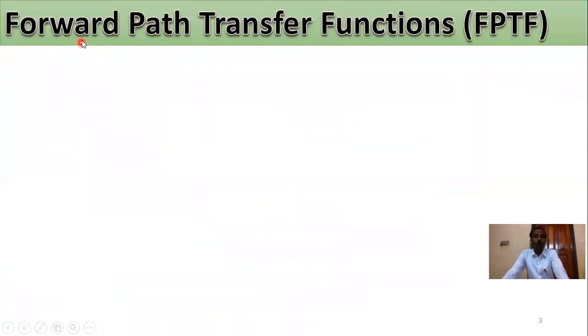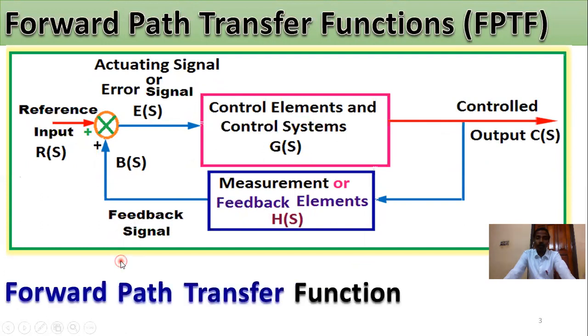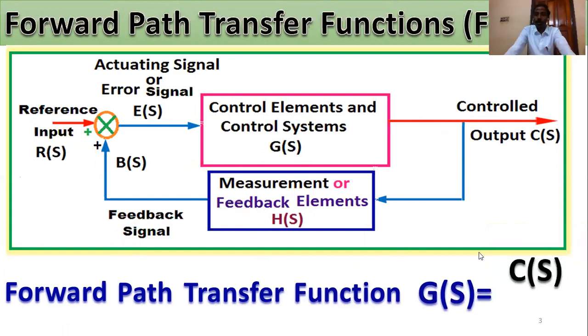Next target, our basic concept of the forward path transfer function. This is the block diagram: reference input, actuating signal E of S, control elements G of S, controlled output C of S, and the feedback or measurement element H of S, and primary feedback signal B of S. So what does the forward path transfer function equal? The forward path transfer function G of S equals C of S divided by E of S, because this is the forward path.